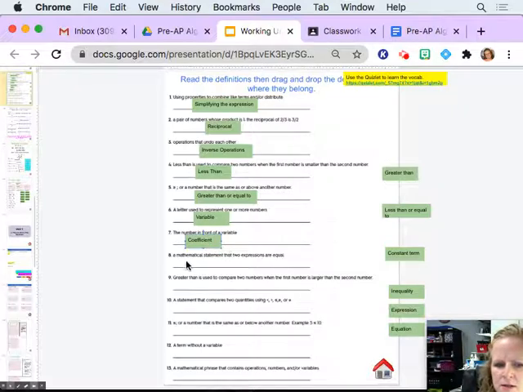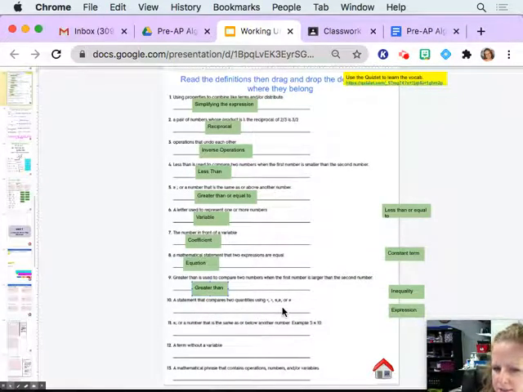Coefficient. A mathematical statement that two expressions are equal. Equation. Greater than is used to compare two numbers when the first number is larger than the second. Greater than. A statement that compares two quantities. Inequality.